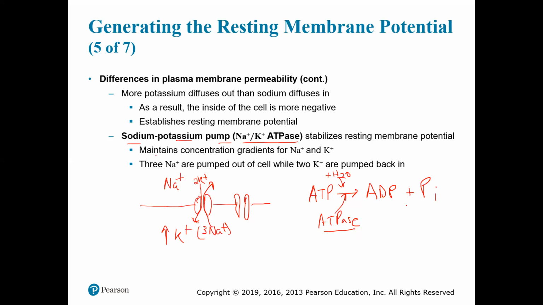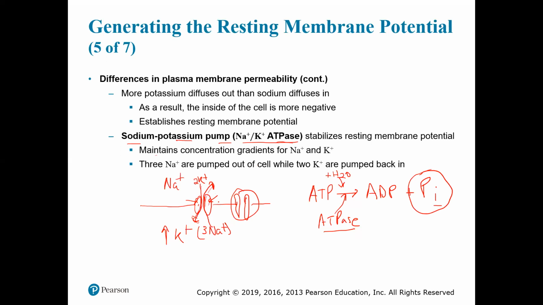This i is for inorganic. And this is where the energy comes from to power this pump. So this protein installed in the membrane is actually ATPase. It's a sodium potassium ATPase pump, so it's readily hydrolyzing ATP to pump 3 sodium out, 2 potassium in.